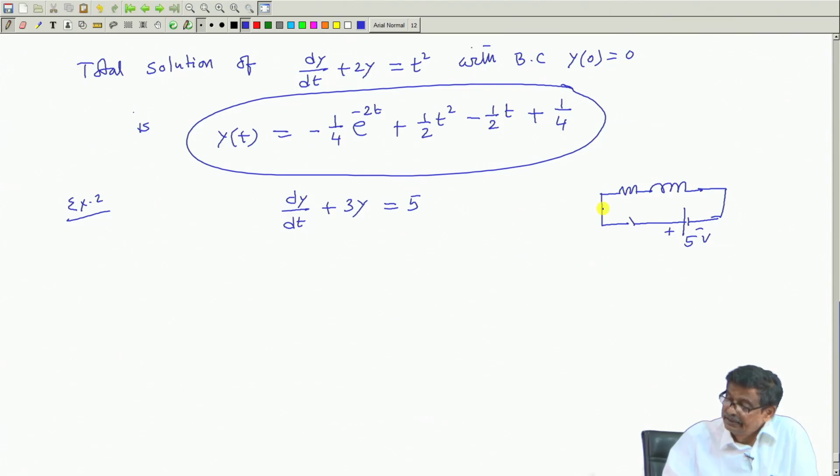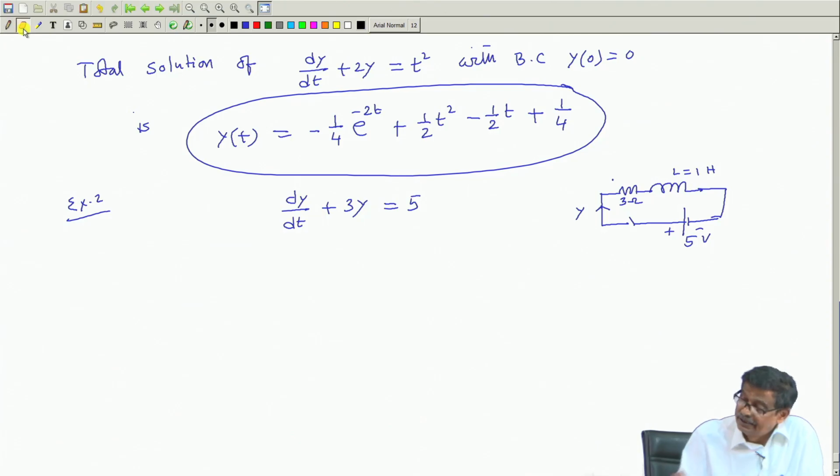Suppose the current in the circuit is y, and suppose the value of R is 3 ohm, L is 1 Henry. Or let us write I. Anyway, the differential equation matters. So, what is the differential equation?